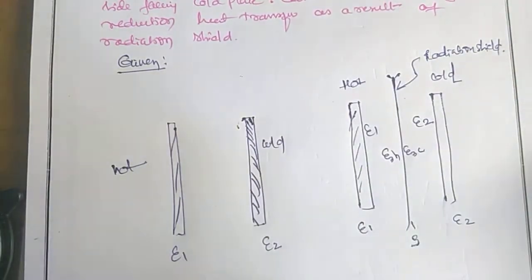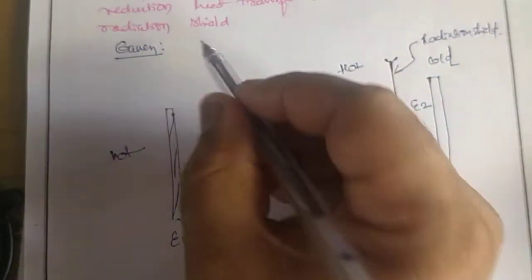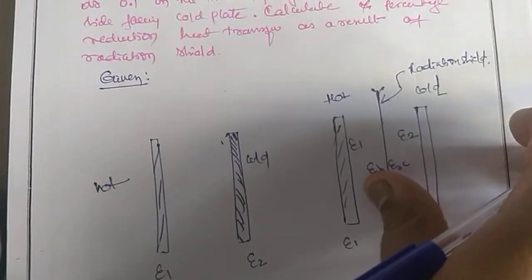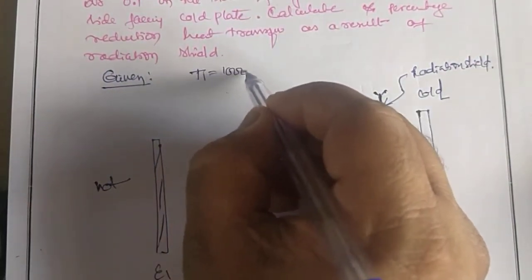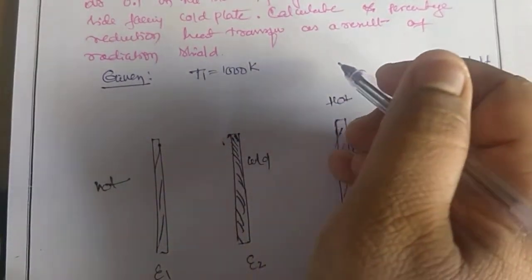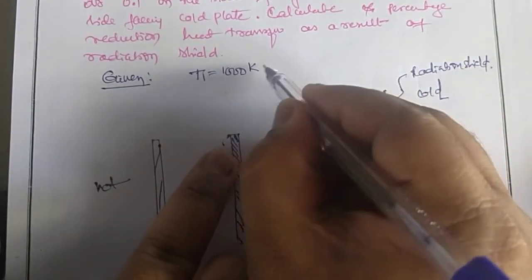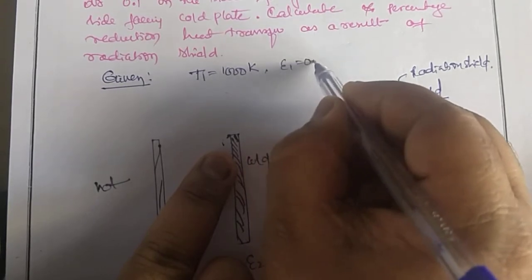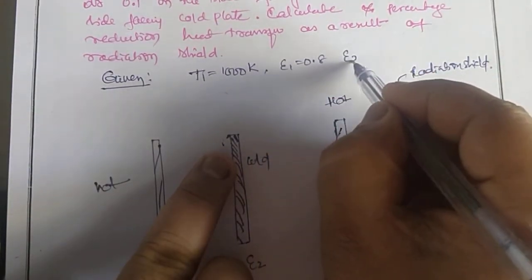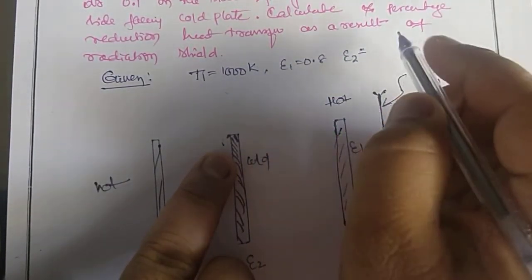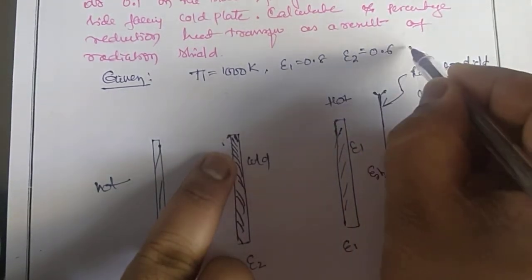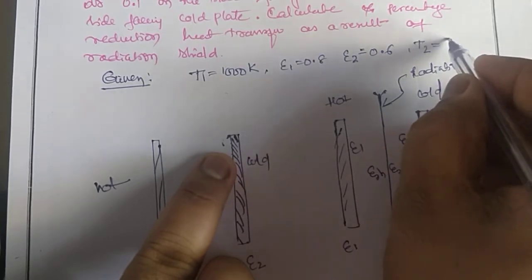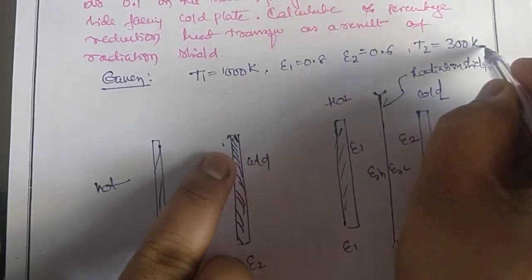Okay, now write the data. First, it is given that temperature T1 is equal to 1000 Kelvin and emissivity 1 is 0.8. Emissivity 2 is 0.6, and temperature T2 is 300 Kelvin.